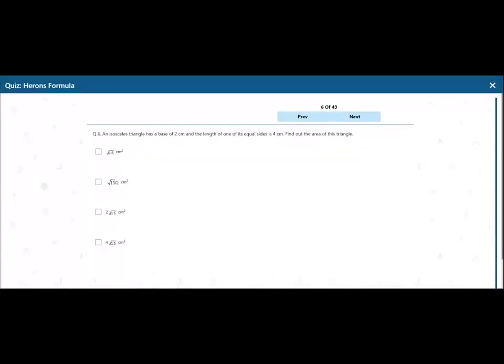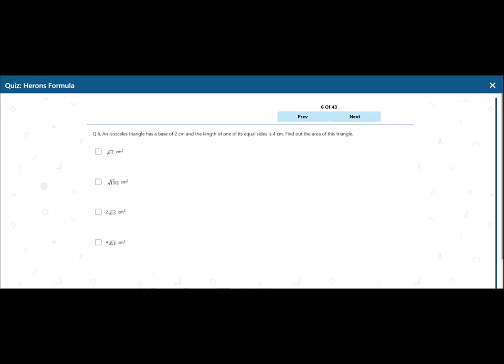An isosceles triangle has a base of 2 centimeters and the length of one of its equal sides is 4. Find the area of the triangle. Base is given and the equal side is 4.